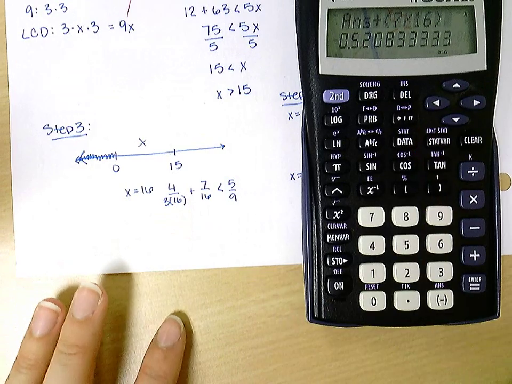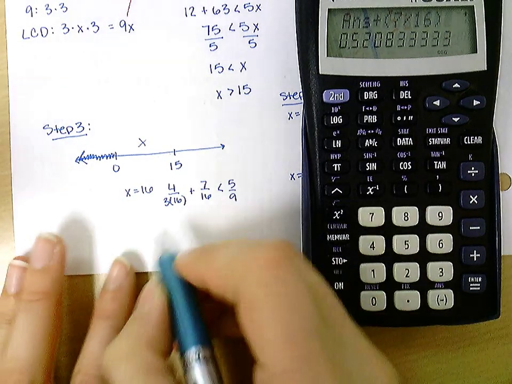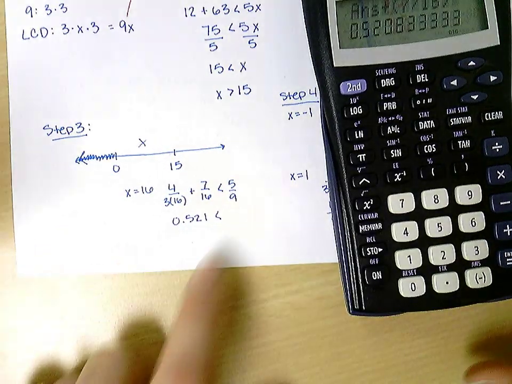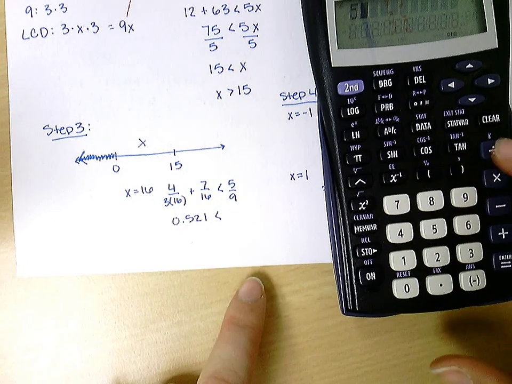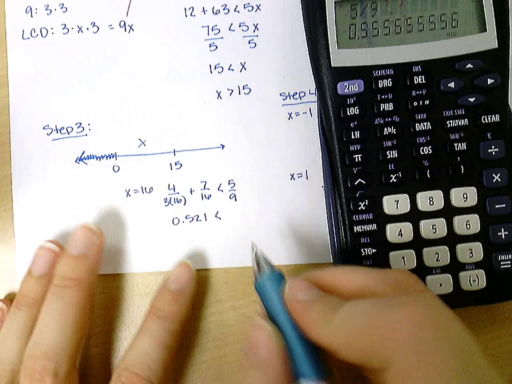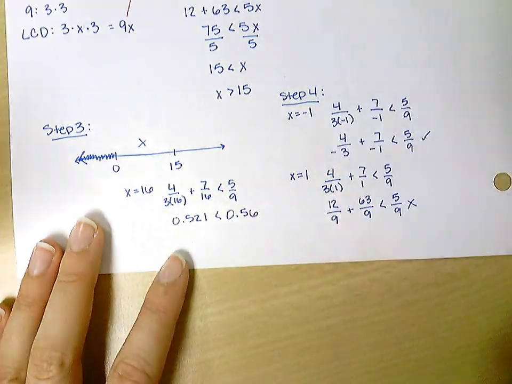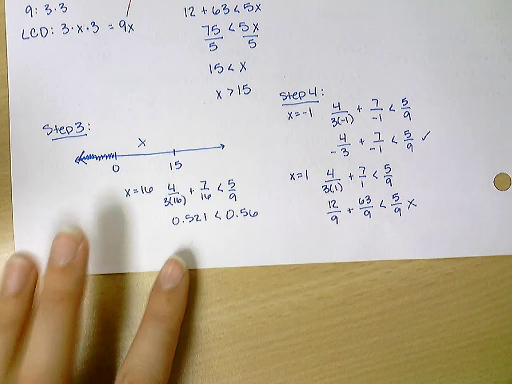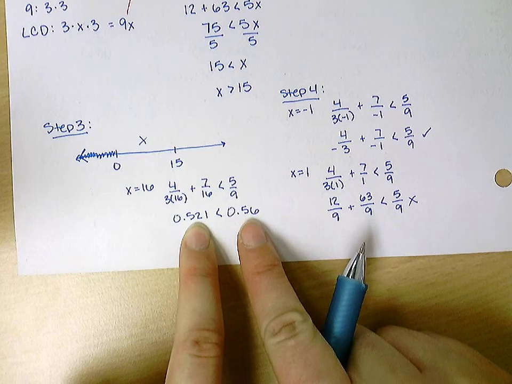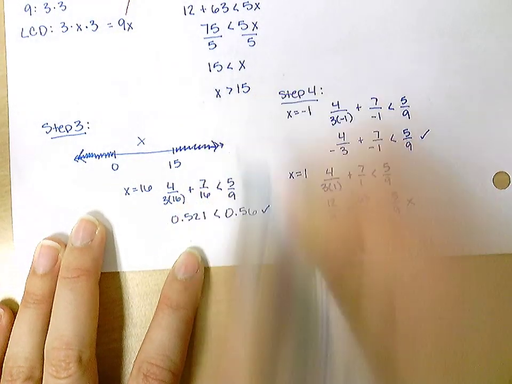Do you see how I did that in your calculator, though? Okay, and then I would check what 5/9 is. 0.56. Okay, so is this value less than this value? Yes. So those values work to the right.